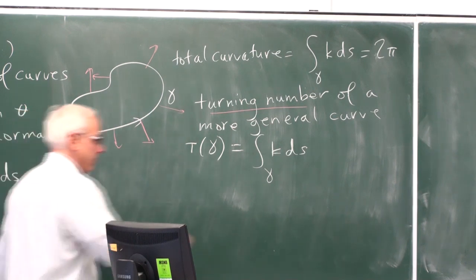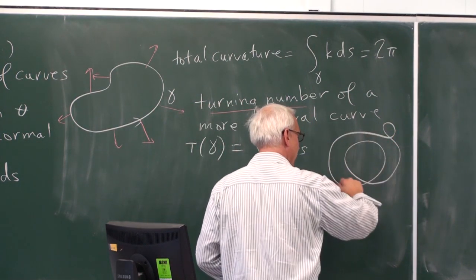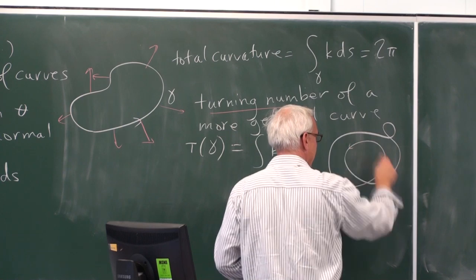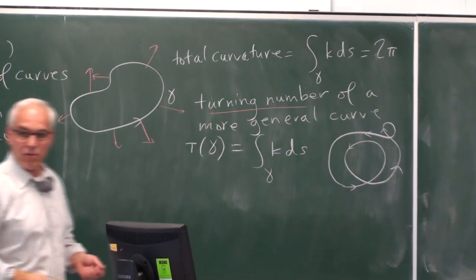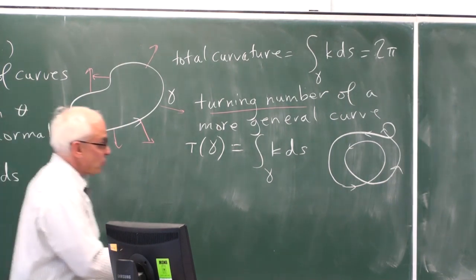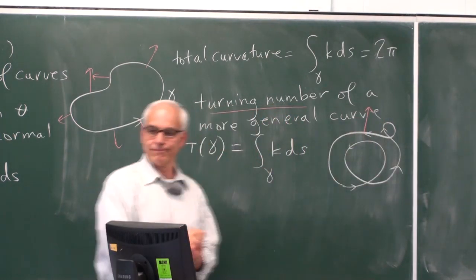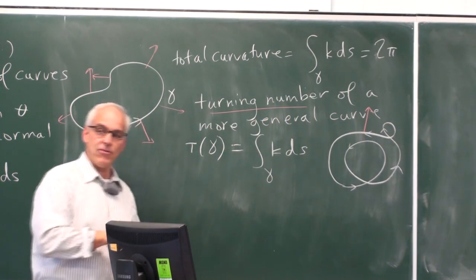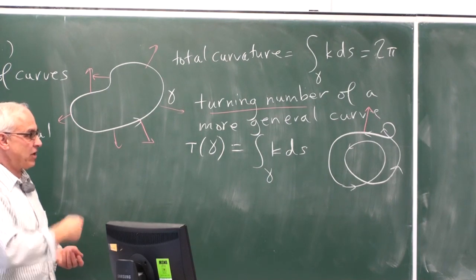So for example, if we have a curve that goes like this, we saw last time that we could compute this turning number by choosing a particular direction, let's say north, and seeing how many times or in what positions the normal is in that direction.